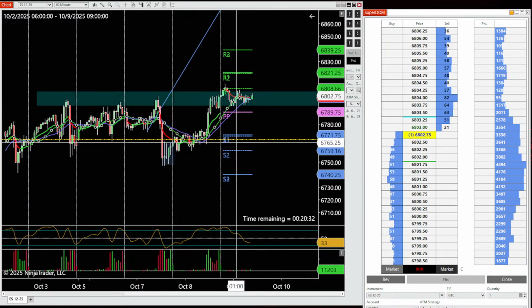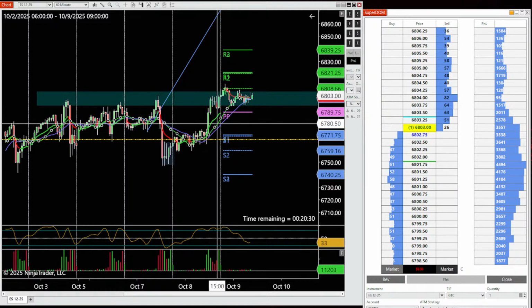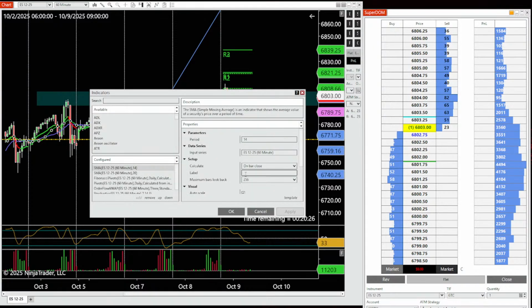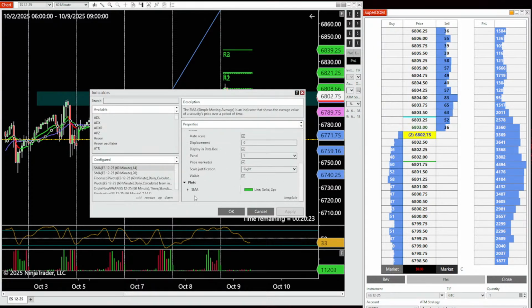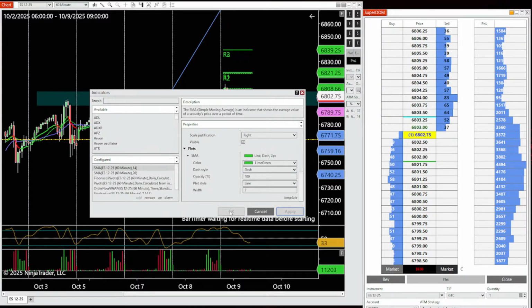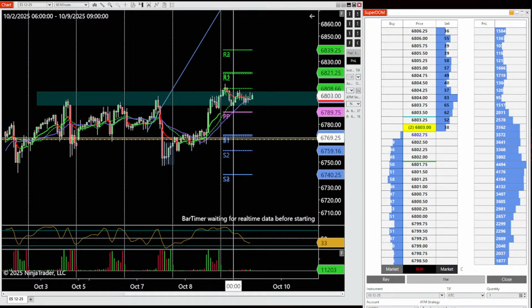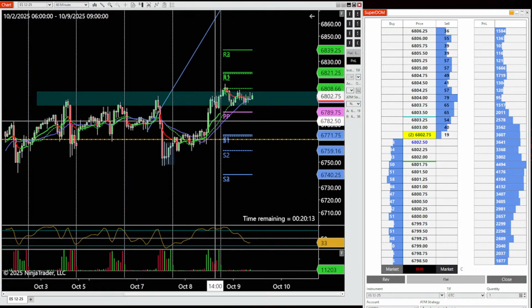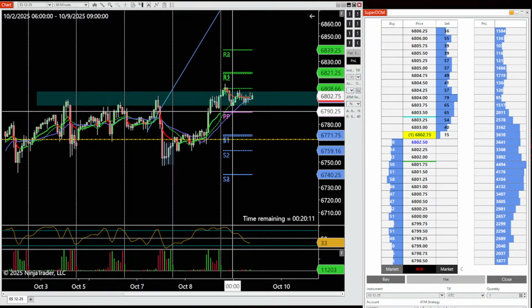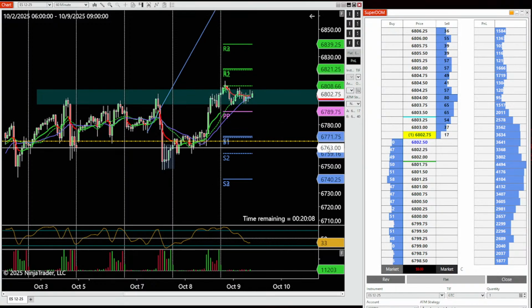This other green, I think it's dashed. It should be dashed. Let me see. Oh, it's solid. Let me dash it, just so one is thicker than the other. So the VWAP, this is the 14, and this is the 20, the purple.